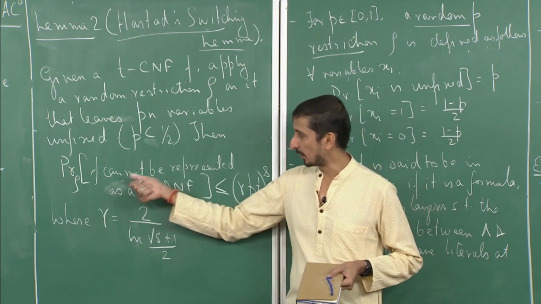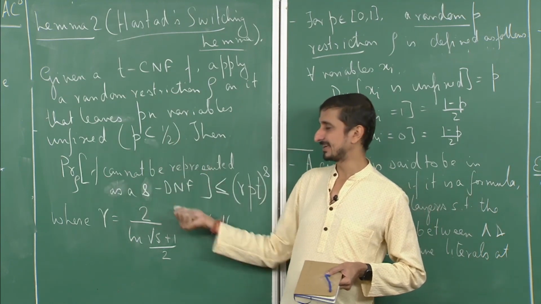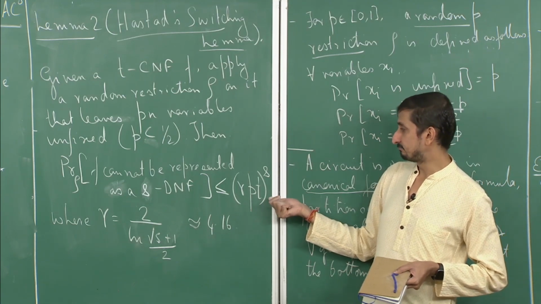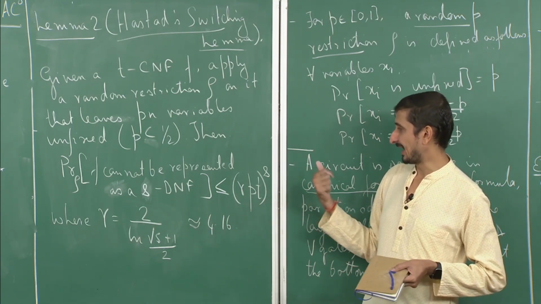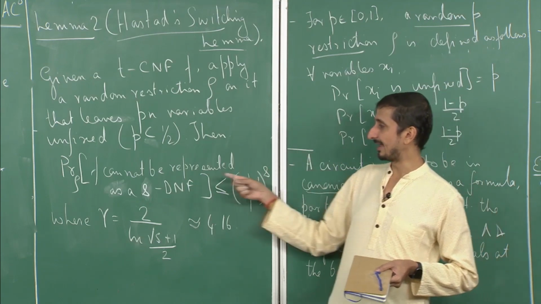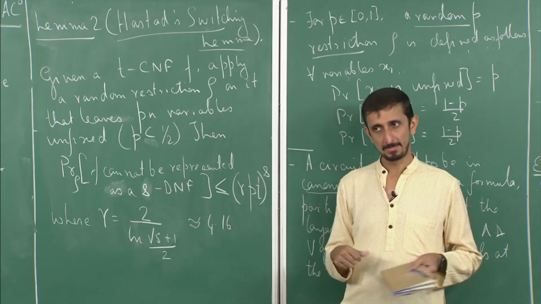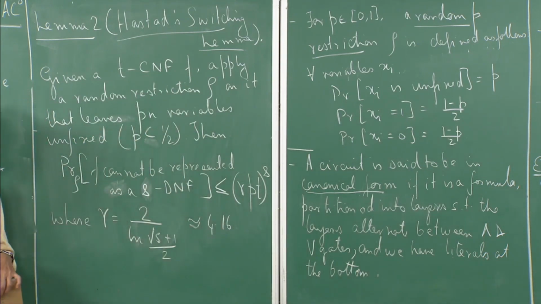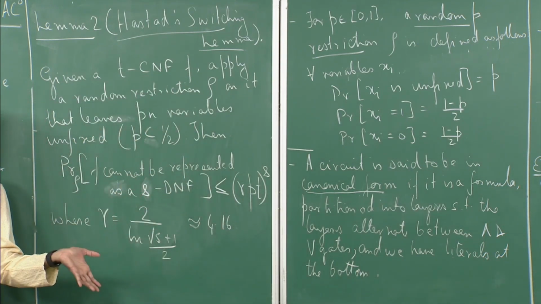Or in other words, the probability that it cannot be written as an s-DNF is small. As s increases, the value of this decreases, so with high probability it can be represented as an s-DNF as well.